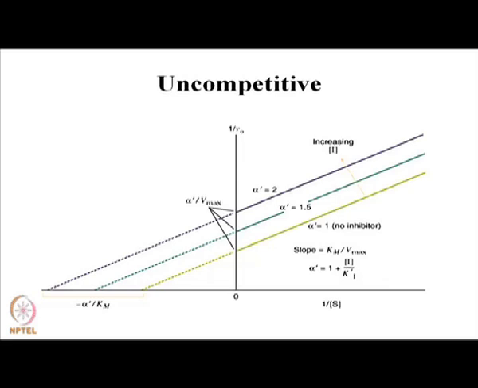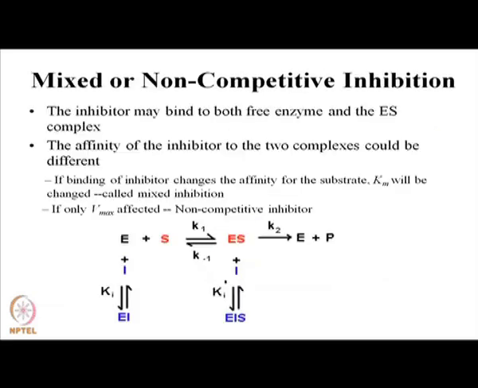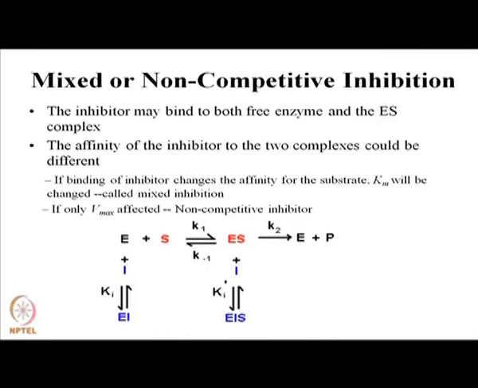Okay. Next, mixed or non-competitive inhibition. Now, the situation is the inhibitor may bind to both free enzyme as also the enzyme substrate complex. The affinity of the inhibitor to the two complexes could be different. Okay.